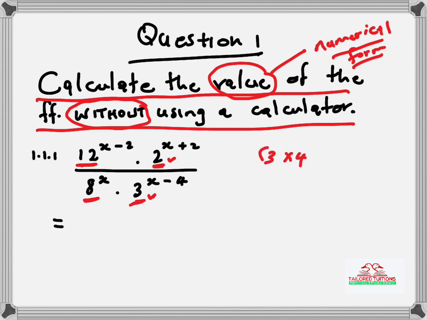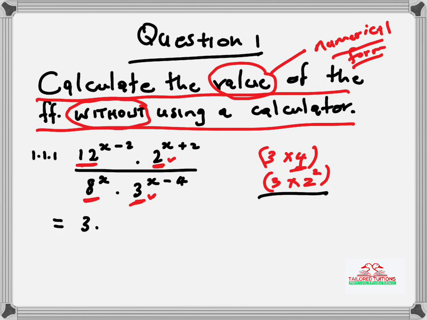So 3 times 4, we know it is equal to 12. But again, when you look at it, 4 is not a prime number. So we need to write that as a product of its prime bases. So 4 is the same as what? 2 exponent 2.